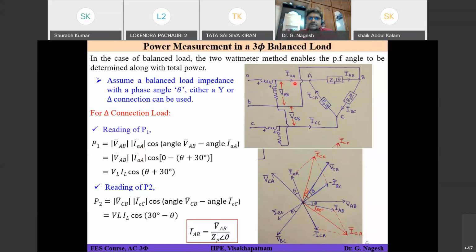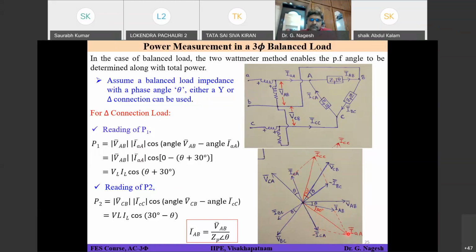From the circuit, applying KCL at this node, IAA equals IAB minus ICA. ICA is here, so minus ICA will be at the opposite point. You have to add up these two phasors, IAB and minus ICA. If you add them up, you get IAA.